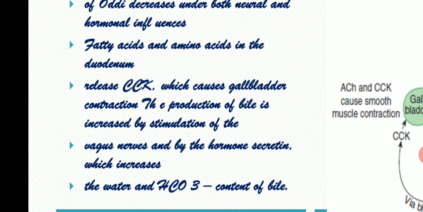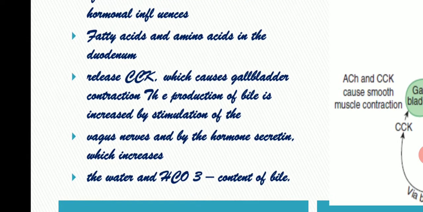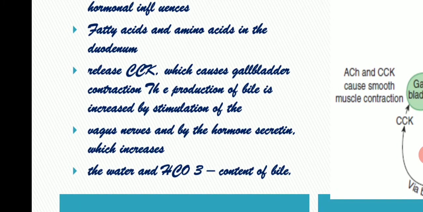The production of bile is increased by stimulation of the organs, nerves, and by hormone secretion, which increases the water and the HCO3 content of bile.